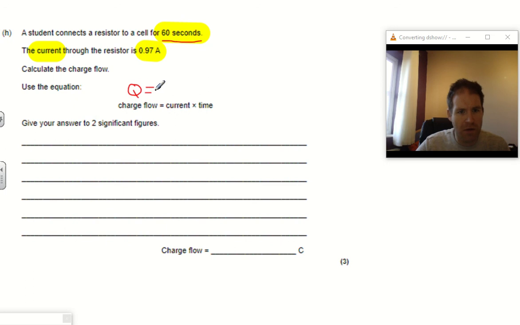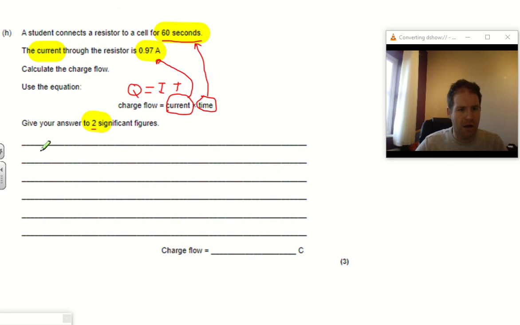It is Q equals IT. Okay, Q equals IT. I is the current in amps, and the time is got to be worked out in seconds. The time in seconds is 60 seconds. So give your answer to 2 significant figures. That is key there, because our answer, if it's not done to 2, won't be right.